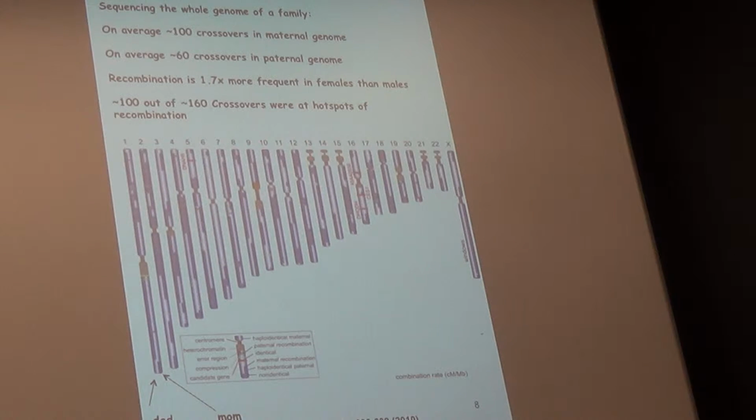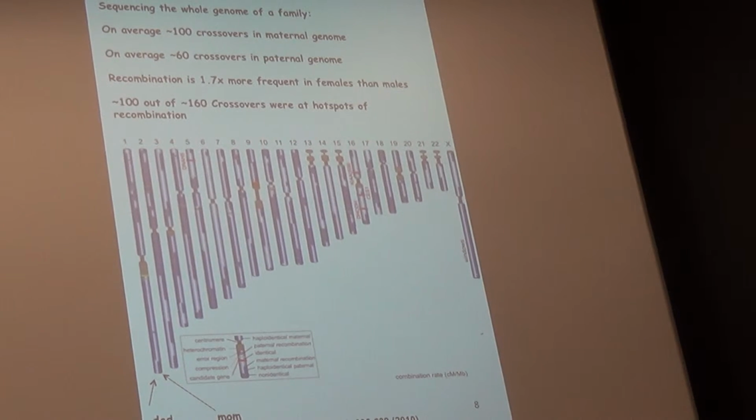So this was a study that was done in 2010 where they sequenced the genome of 4 individuals in a family, the father, the mother, and 2 children. And based on that, they were actually able to precisely map where the recombination events took place in the father and in the mother. And what they found was, on average, there were 100 crossovers in the mother, but only 60 crossovers in the father.